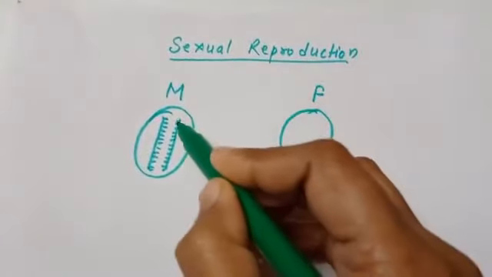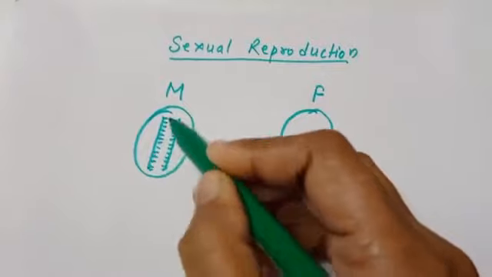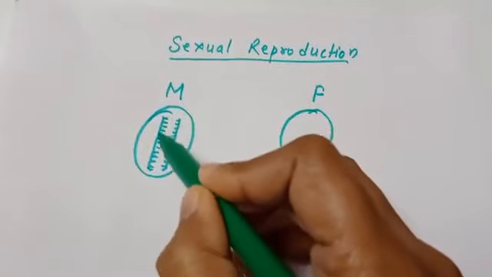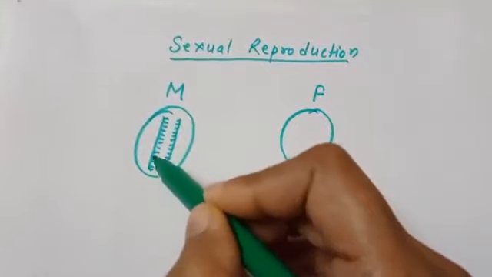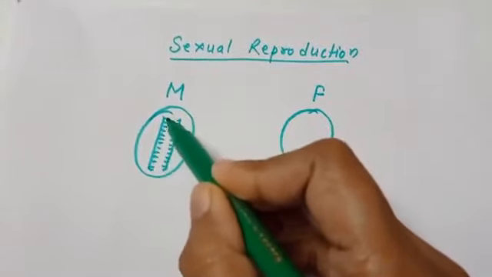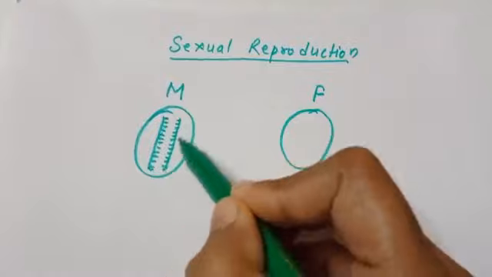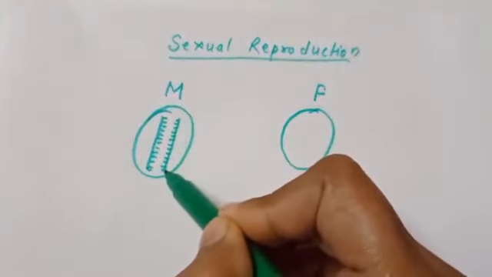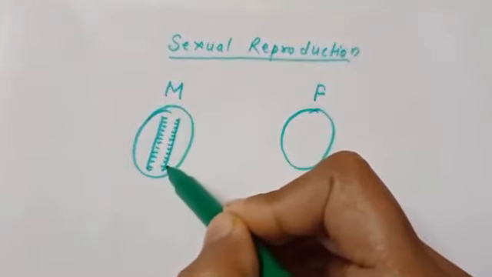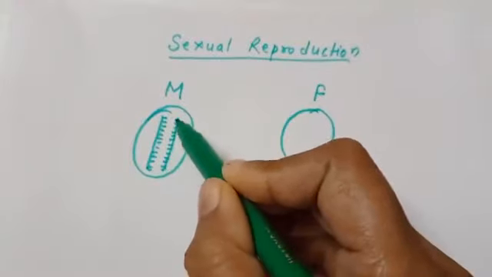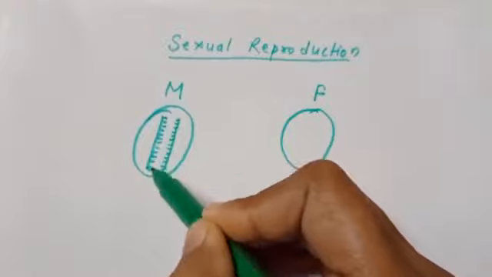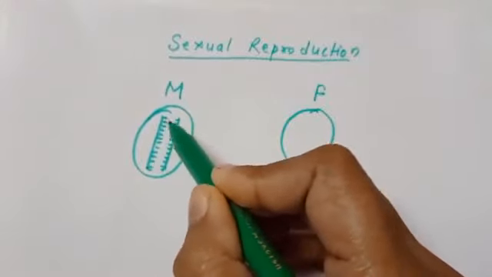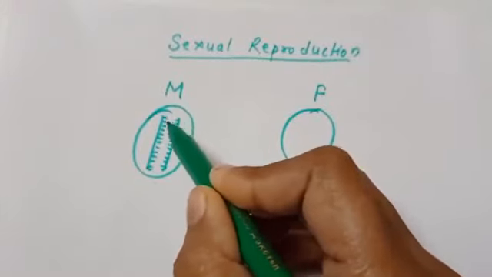So let's say on one set we have 23 chromosomes which will carry 23 genes on them, and on the second strand of the DNA, we will also have the opposite set of these chromosomes, which will carry the opposite gene of the same pair.